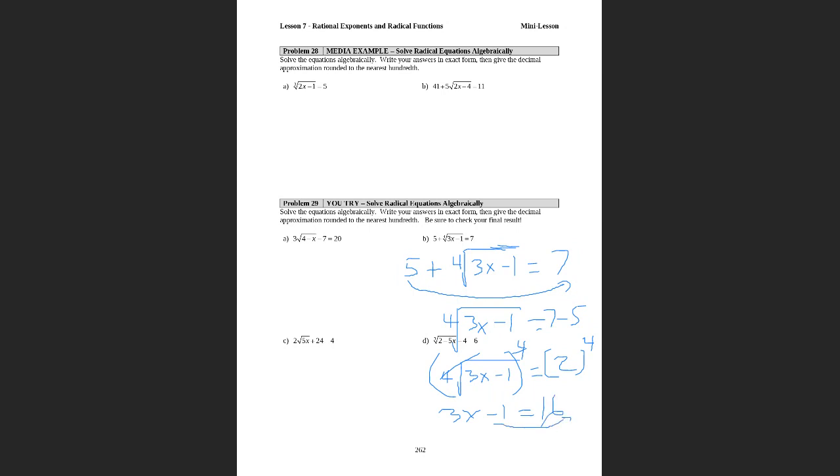Now I could move this across. It changes to a plus. So I have 3x equals 16 plus 1. So 3x equals what? 17. I divide by 3, I divide by 3. x equals 17 over 3. That's it.